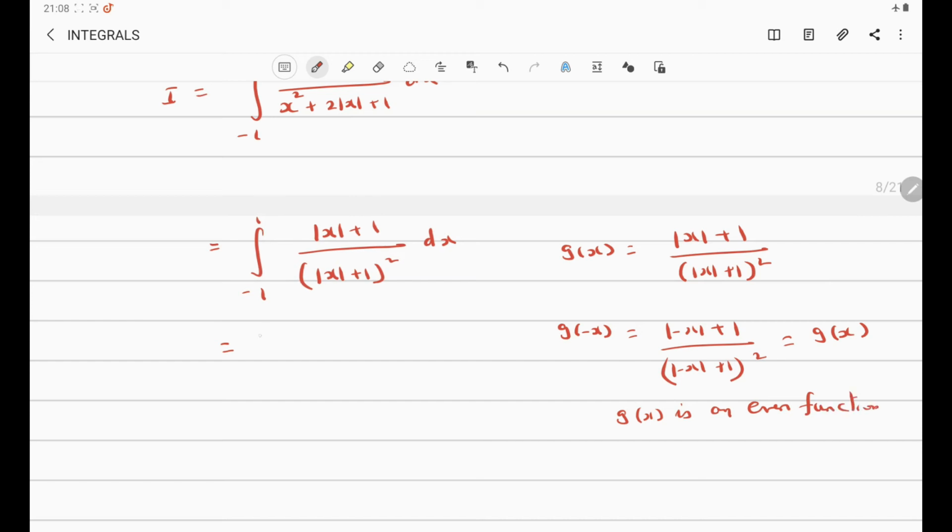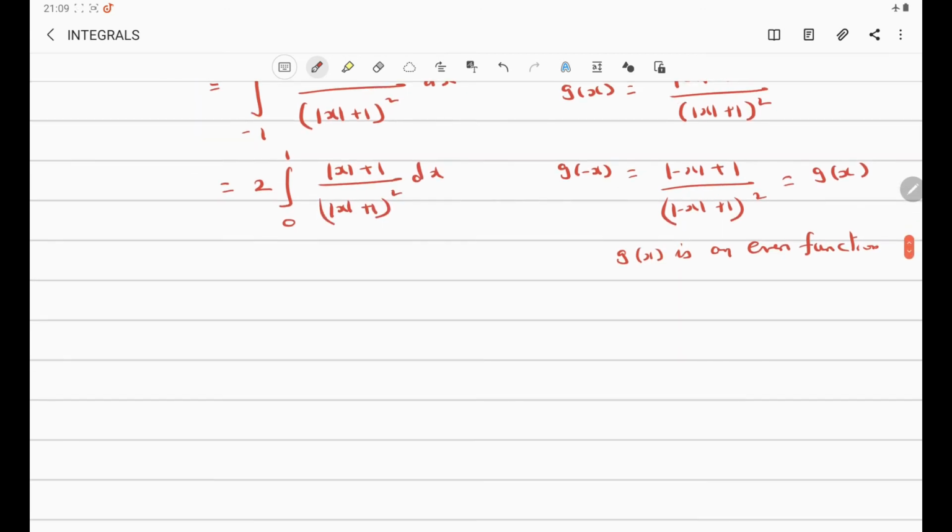Therefore, this can be written as 2 times integral 0 to 1 of modulus of x plus 1 by (mod x plus 1) whole square dx. Since the limits are from 0 to 1, mod x becomes x. So we can write this as 2 times integral 0 to 1 of x plus 1 by (x plus 1) whole square dx.